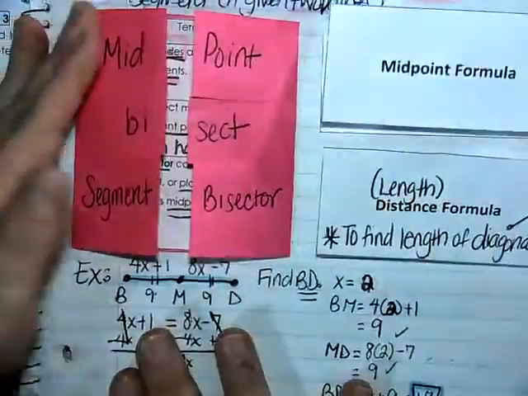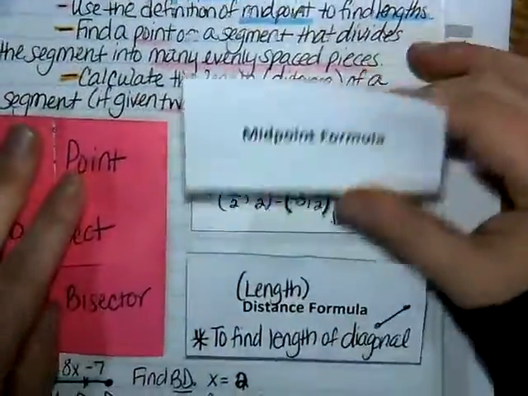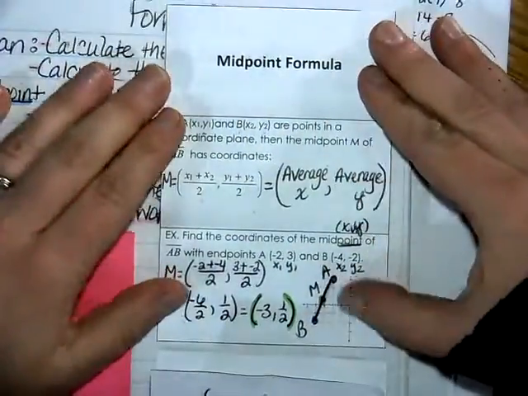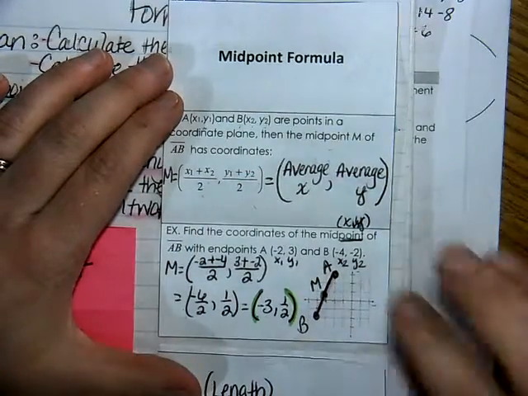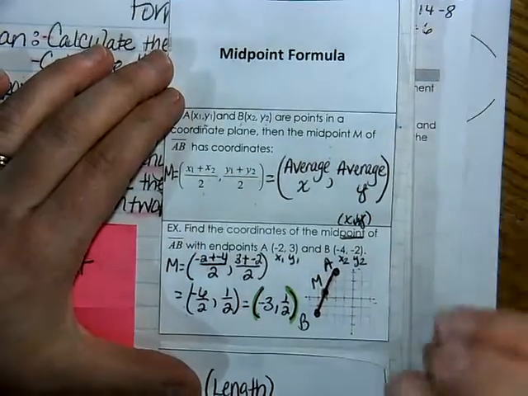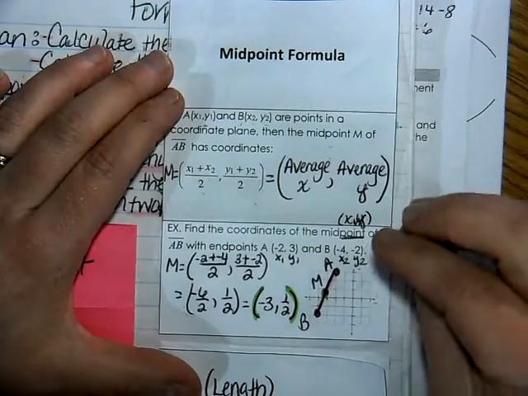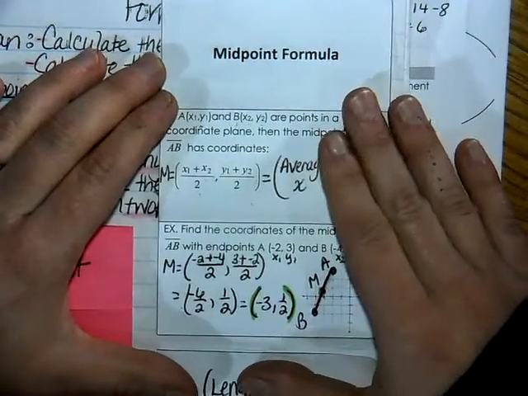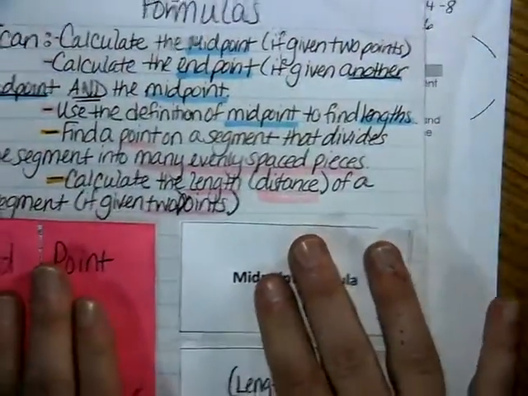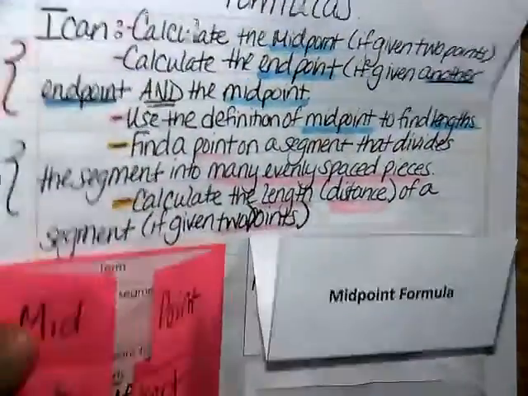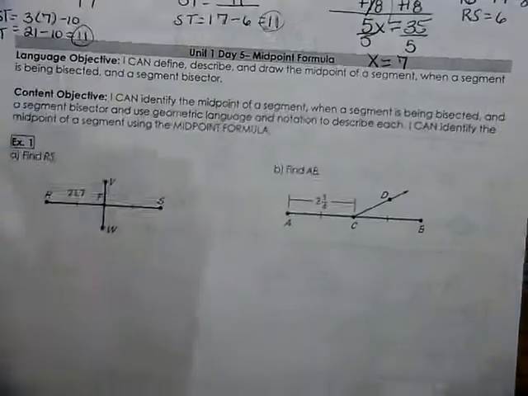We had a quick example of how we plan to use it, and then we learned about the midpoint formula. We only use the midpoint formula when we are working with coordinates, a coordinate plane, and it's not very easy to identify what the midpoint is. So those are the pieces that we are going to be working with today in our notes.